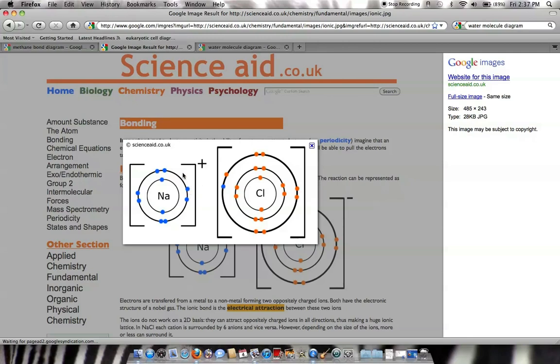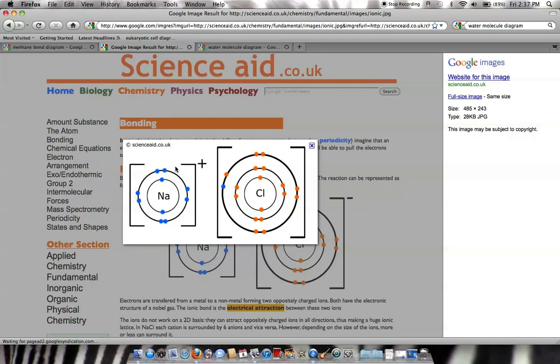So what happens is sodium has, it's not showing it here, but originally it does have 1 electron in the outer orbit here.